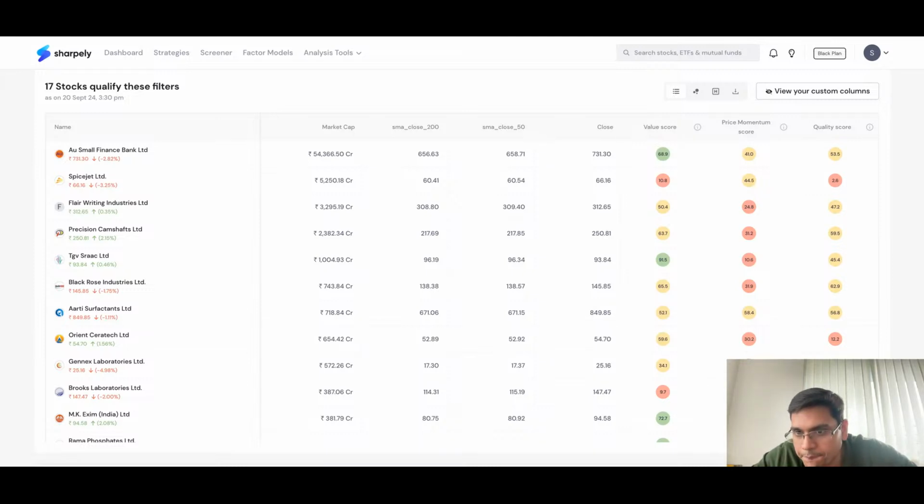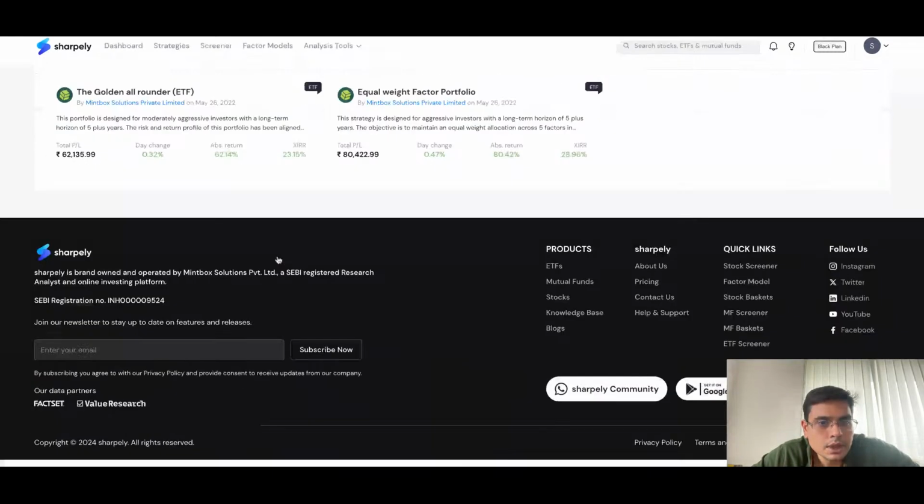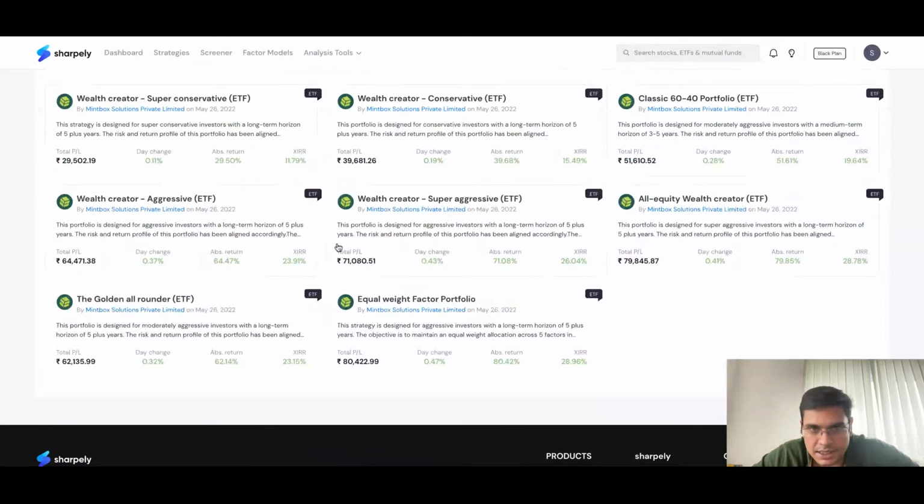Can you please tell us how to invest step by step using Sharply with simple, already properly backtested models? So what we'll do is you can use community screens that we have published by Sharply. These published strategies, you can use to create a mutual fund portfolio.